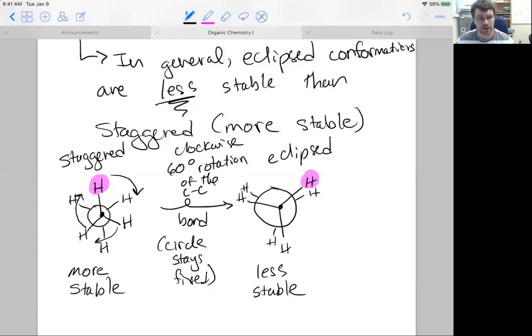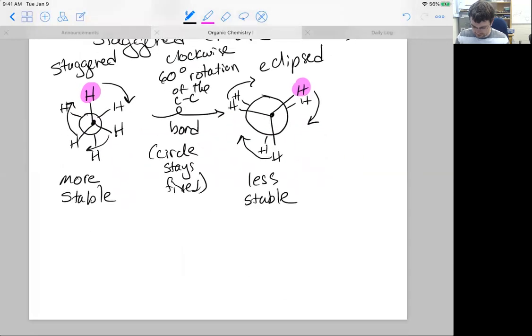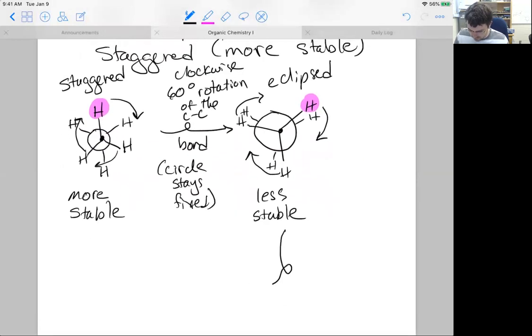That's an important skill, that we're able to use Newman projections to do free rotation over carbon-carbon bonds. So we do a 60-degree rotation, and we go from the staggered conformation to the eclipse conformation. Let's keep going. Let's rotate this less stable eclipse conformation another 60 degrees. I've got this swooping curly arrow to show rotation, but I should be more specific.